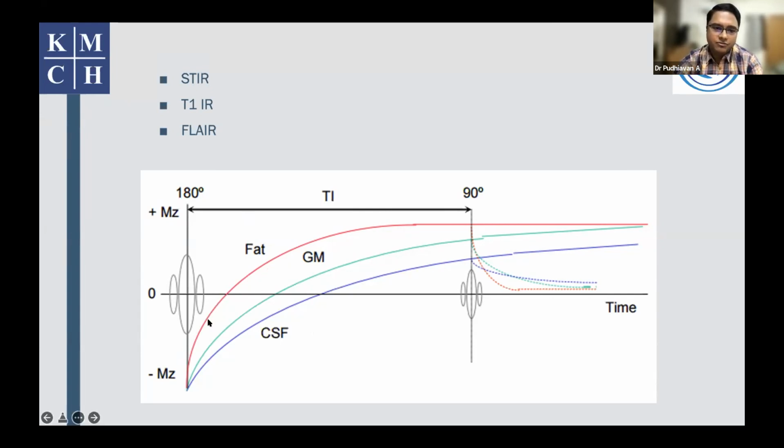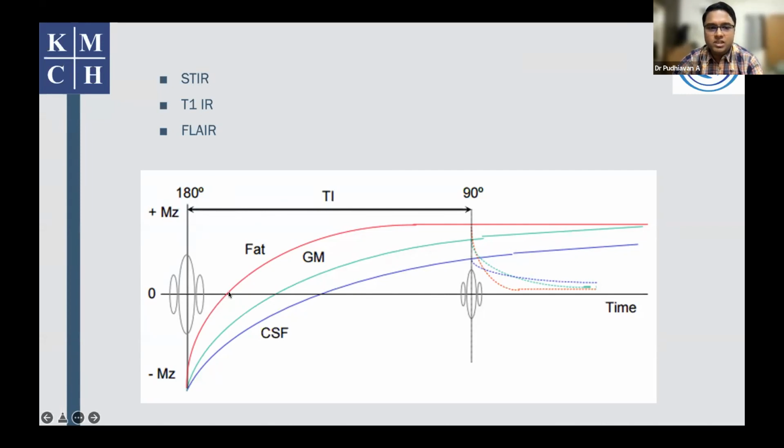Fat will gain magnetization much faster when compared to the protons in water in CSF. So in the inversion recovery sequence, we exploit this property of the protons, so that suppose a 180-degree pulse is given, and after the 180-degree pulse, the magnetization starts to grow along the z-axis.